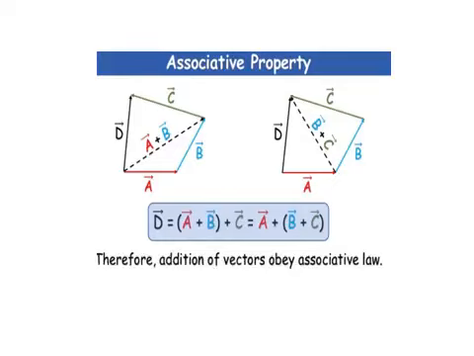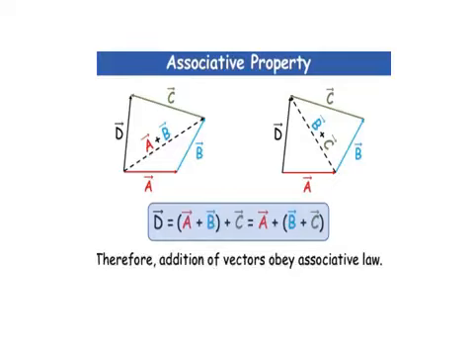And obviously, now we have another property, that is the associative property. In this property we have three vectors A, B and C. Adding these three vectors we will get another resultant vector, which is denoted by vector D. The associative property is that (A plus B) plus C equals A plus (B plus C). As you can see in figure 1, the left hand side of the law: if A and B are added, the resultant will be A plus B, which is represented by the dotted line.